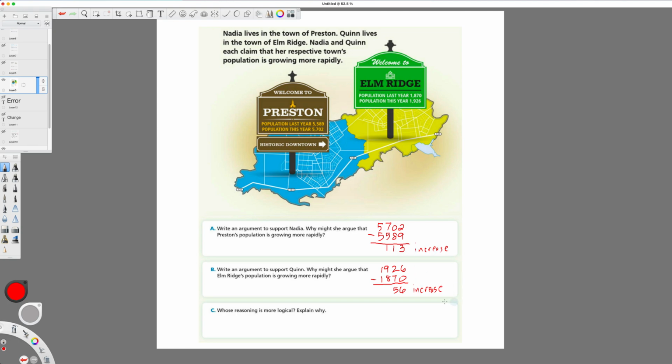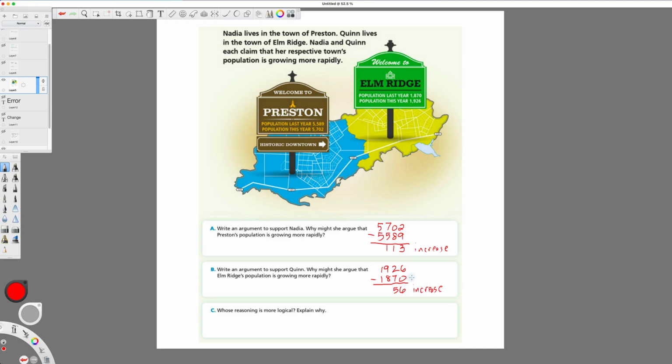So raw numbers, Preston's growing faster, but percent increase, since 56 is about half of 113, but this population is only about 1/3 of it, I think Quinn, if she used percent increase, could quite easily convince me that Elm Ridge is growing more quickly.